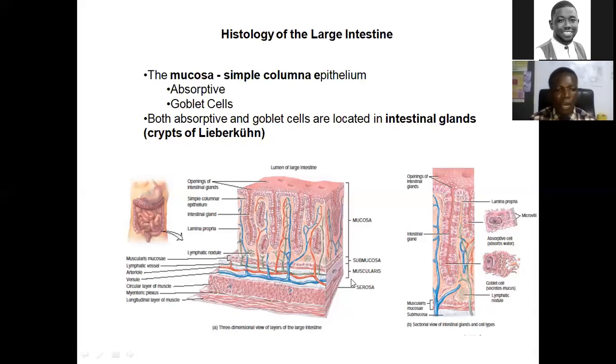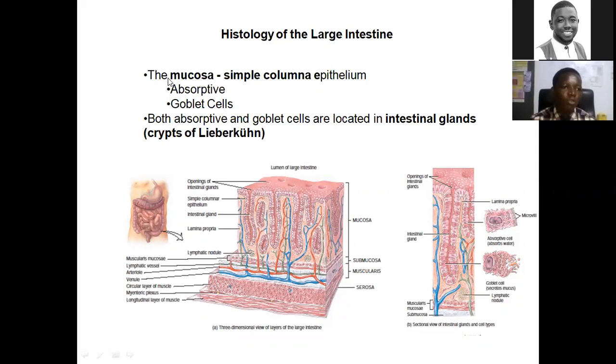From there, we have the muscles, called the muscularis layer, following that of the submucosa. And then we have the outer covering of serous membrane called the serosa. So the large intestines are also made up of the same 4 types of layers that we find.